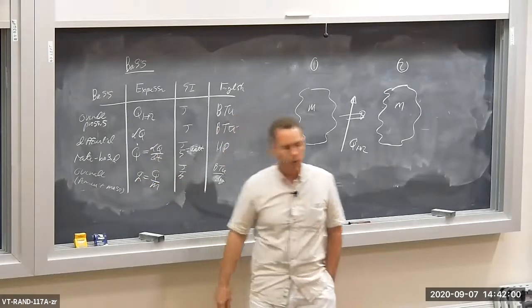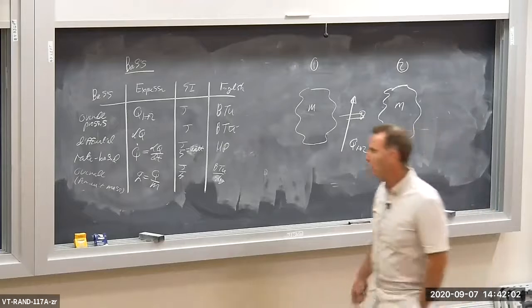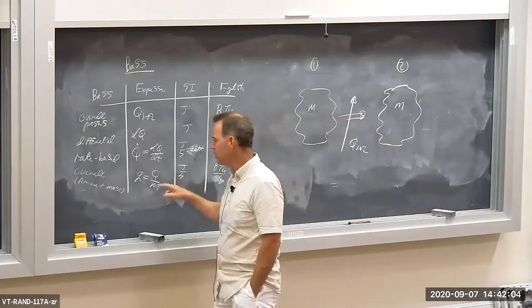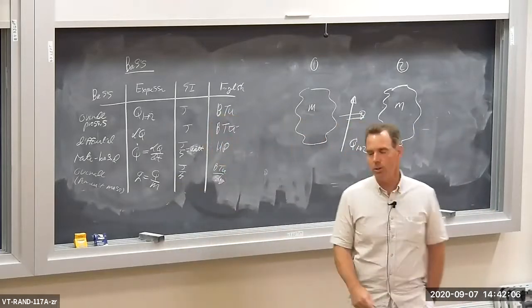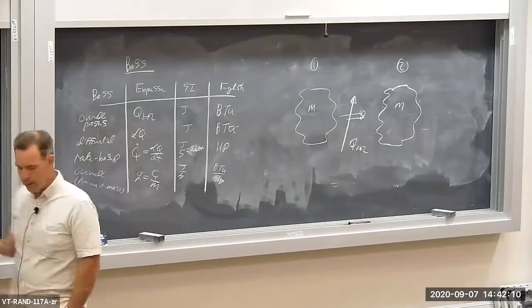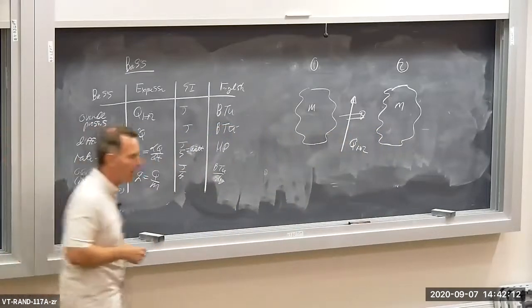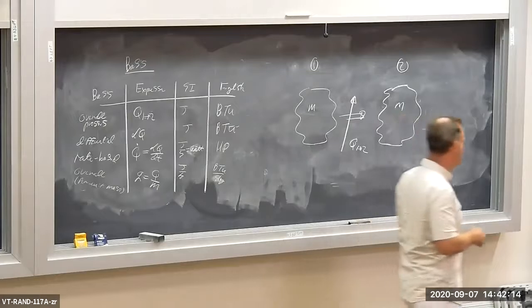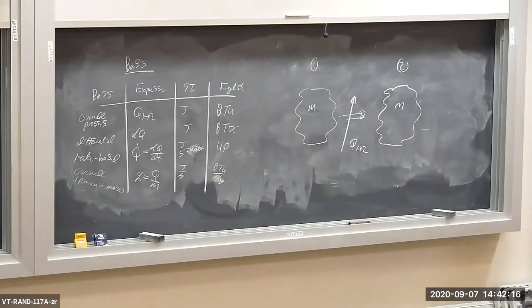And then we'd have lowercase w, which would be the work over the process divided by the mass of the system. So I can make this entire chart by substituting work for Q.